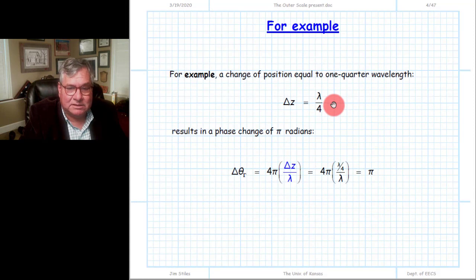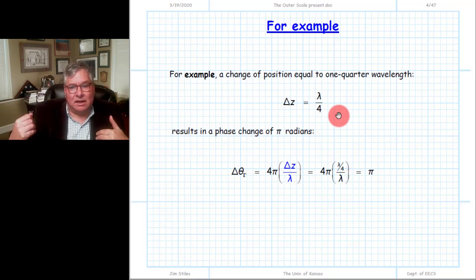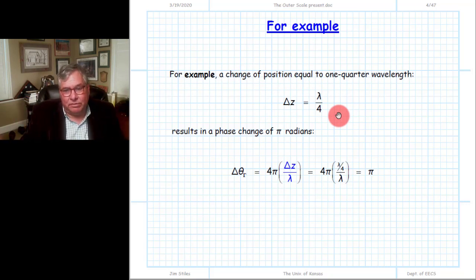As an example of this, let's say we move along our transmission line from one point to another, a distance of lambda over 4, 1/4 of whatever the wavelength happens to be. That's the distance that we travel along our transmission line. What is the difference in the phase of the reflection coefficient between when we began and when we ended by moving a distance of lambda over 4?